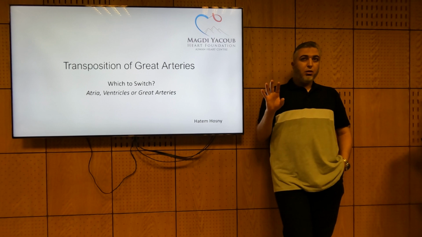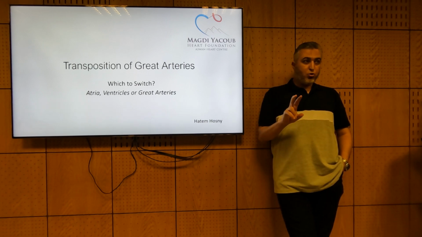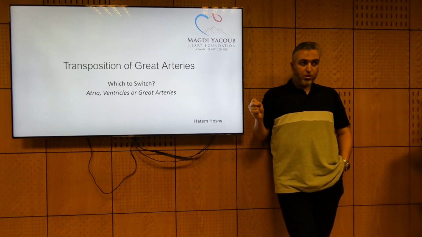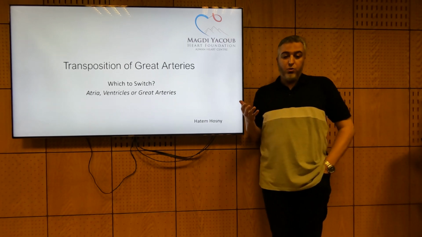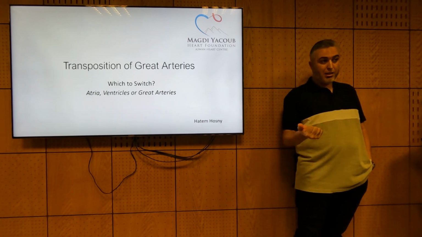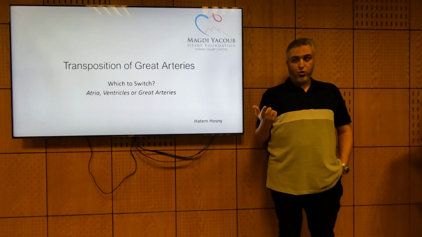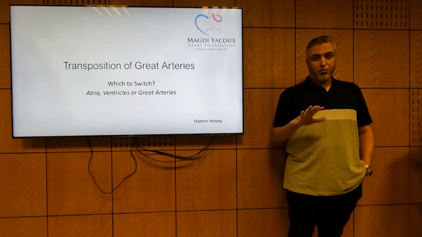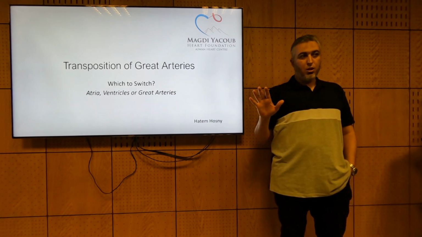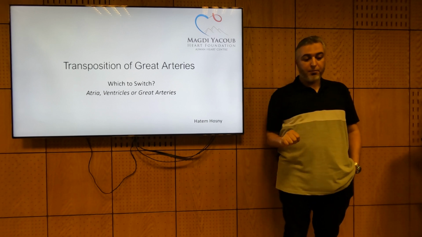We've given an idea about main associations with transposition of great arteries, and there's high likelihood for patients with TGA to get a VSD, LVOT obstruction, maybe both, and some other abnormalities like arch anomalies, coronary anomalies, and things like that.